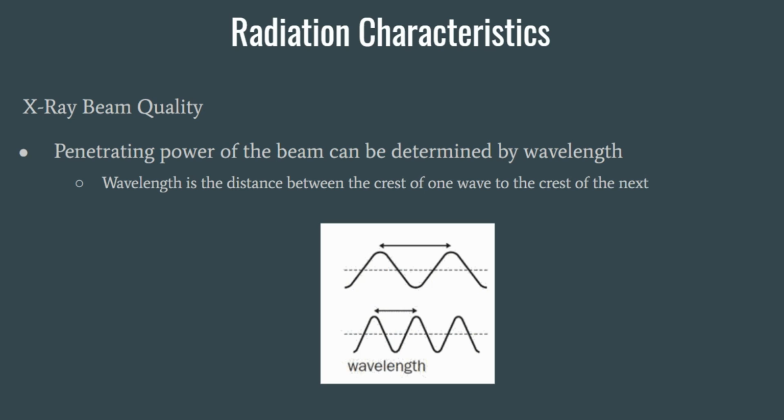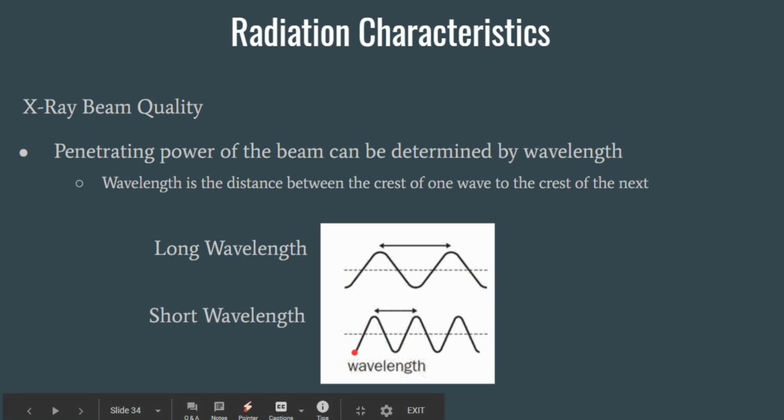Wavelength is the distance between the crest of one wave, so right here, to the crest of the other wave. And where I'm at right now, this is considered a long wavelength because there's fewer peaks and longer distances in between the peaks. And down below here, we have a short wavelength. So there's more peaks and shorter distances in between.